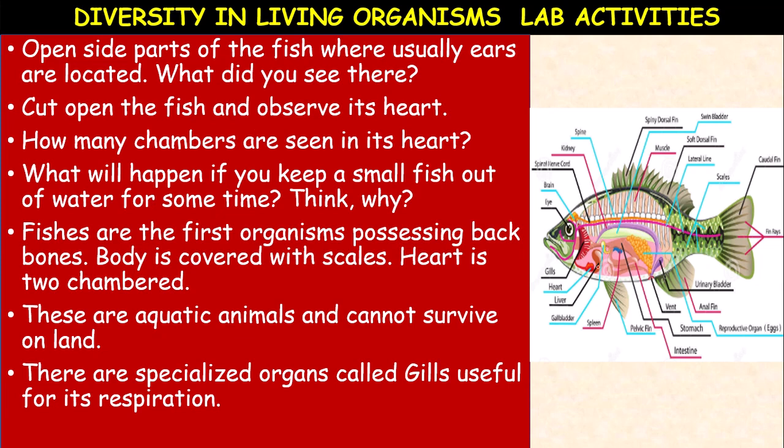This is the heart. You will find only two chambers present in the heart. The fish heart is called venous heart. Single circuit circulation is observed in the fishes. So directly the blood from all body parts collects into the heart. The heart pumps the blood into the gills, from where it is distributed to all parts of the body.